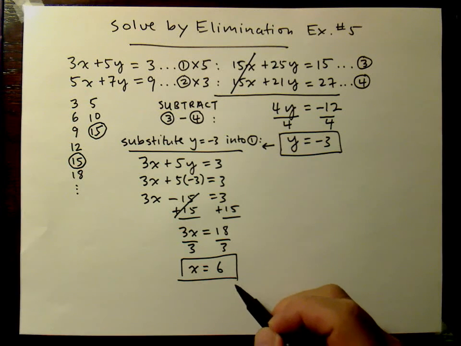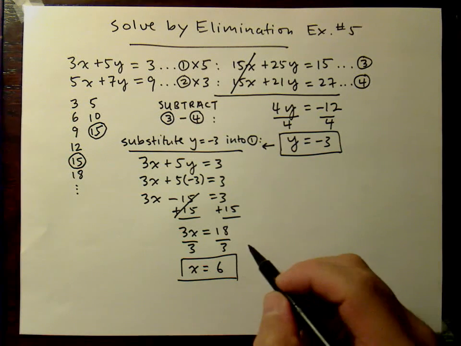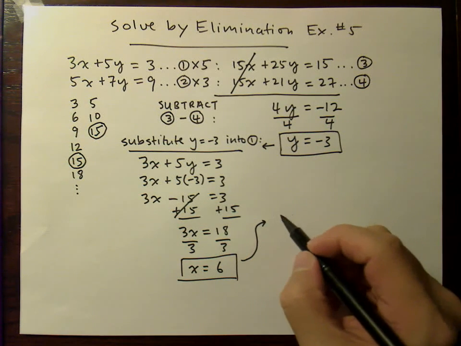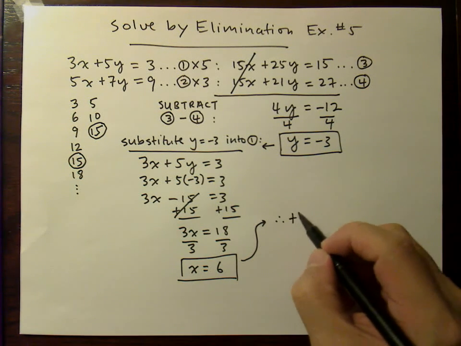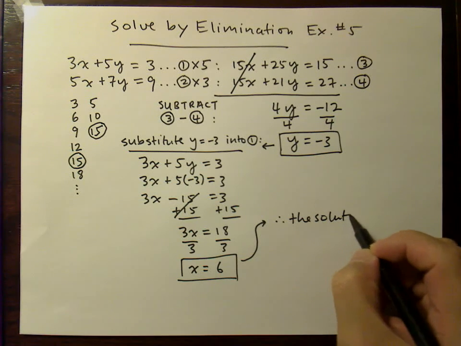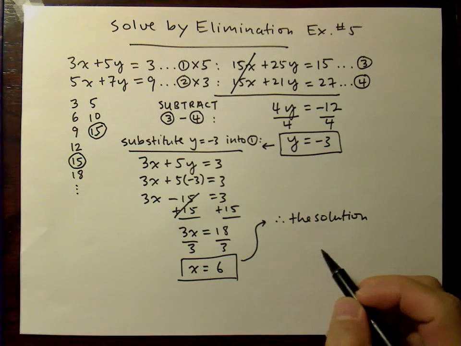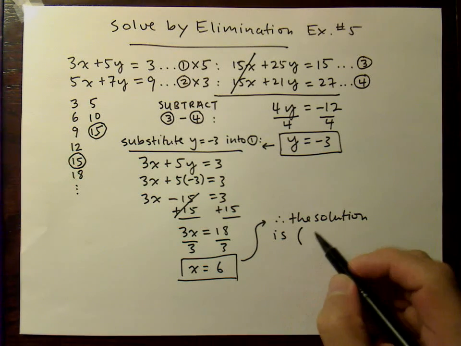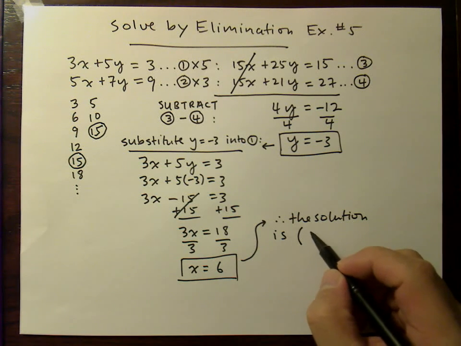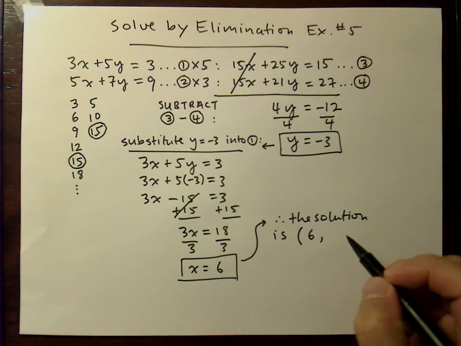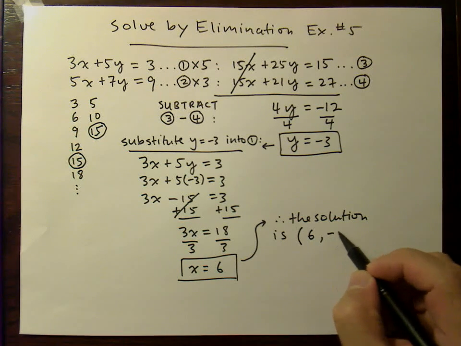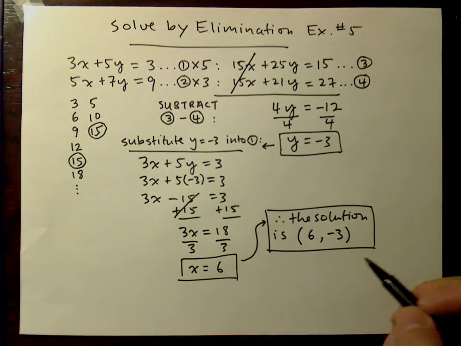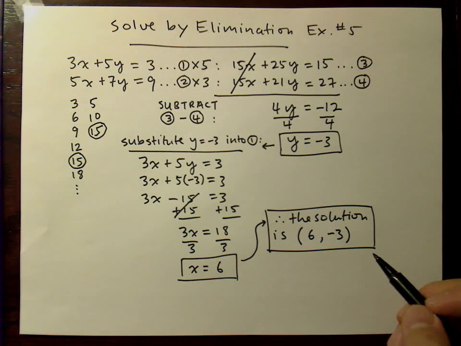And this is the x coordinate of the solution, or the point of intersection. All we have left to do is to write our conclusion. Therefore, the solution, or the point of intersection of these two straight lines, is the ordered pair, starting with the x value, which is 6 in this case, comma, followed by the y value, which is negative 3, and that is the solution to this question.